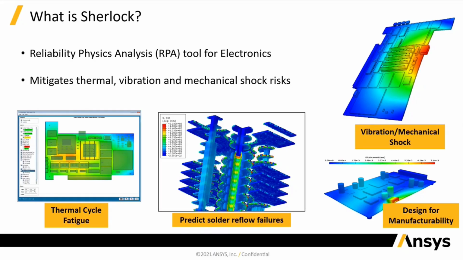So this could be loading that you would use on the shock tables or the thermal chambers, or it can be the loading curves of a typical cycle of operation out in the field. It could be a summer cycle, it could be a winter cycle, mixed, different types of environmental loading.